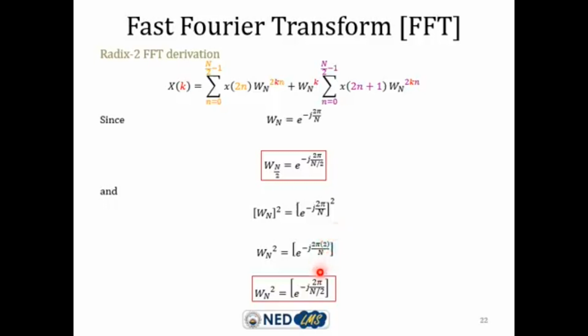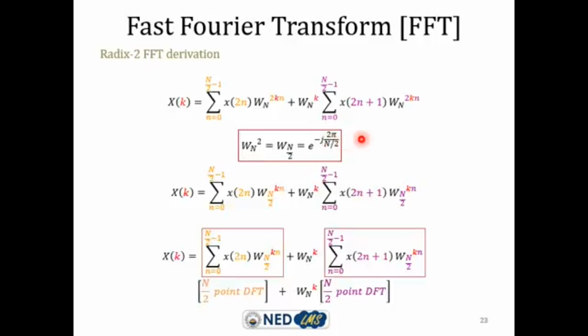So what is the final observation? Mathematically, the square of the W_N factor is exactly equal to a W factor having N by 2 in its subscript. There is no difference between them. W_N squared and W_N by 2 are both equal.